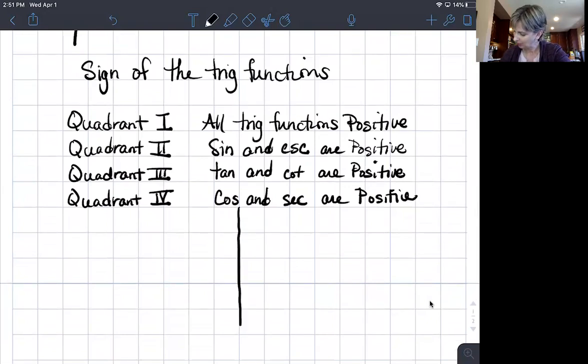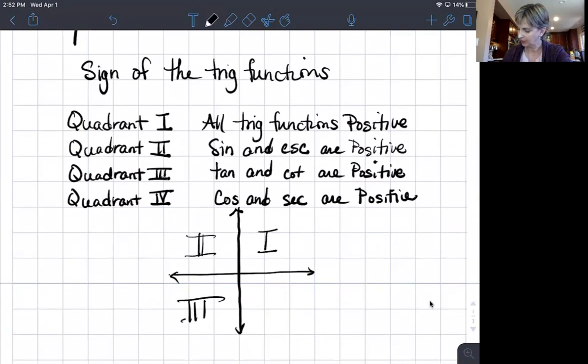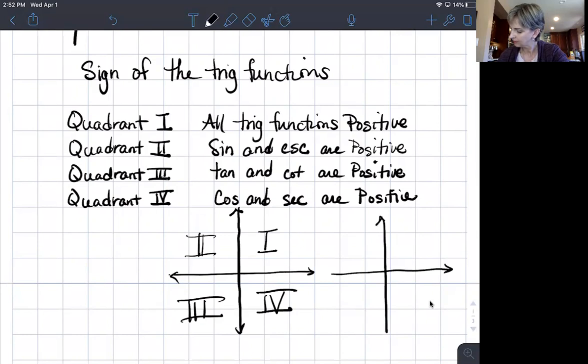We have a little thing to help us. So if this was our coordinates here, this is 1, 2, 3, and 4. This one would be all. Sine and its reciprocal cosecant.